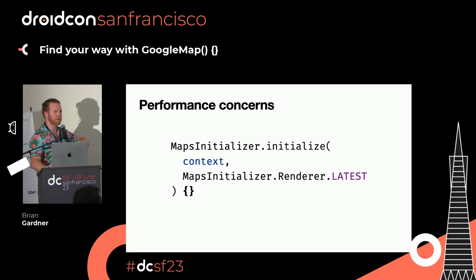They actually have to download it from Google servers, and that can take time depending on what sort of network you have access to. So there is a chance where you say, give me the latest renderer, it starts downloading, and then you immediately open your map. If the download hasn't finished, it's just going to default back to the legacy renderer. So that first time, you'll get the legacy one, but when you leave the app and come back, as long as the download is finished, you'll get the latest one, and it'll be there the rest of the time for your app.